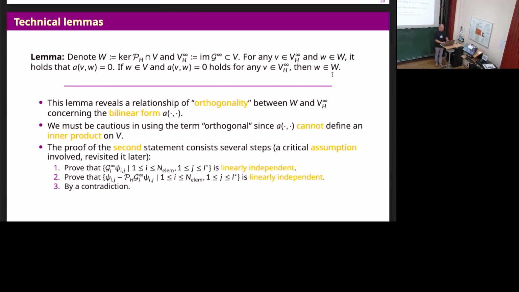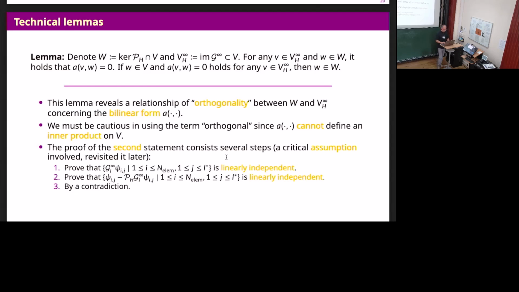Okay? So let me point out that this is one of the key steps that we use in the analysis, and of course this is motivated by the LOD analysis. So let me point out that this A is not an inner product in the classical sense, so this is not a real orthogonality condition.